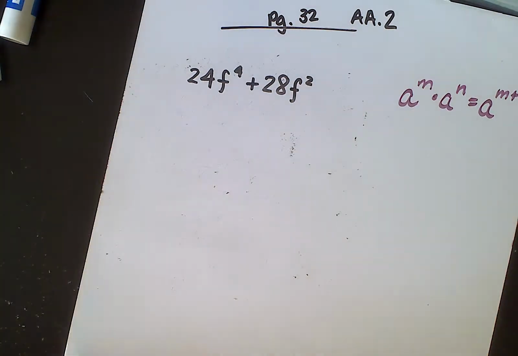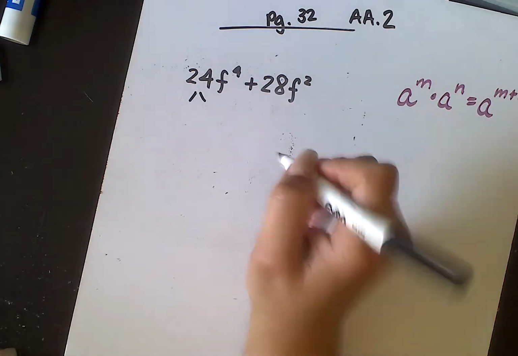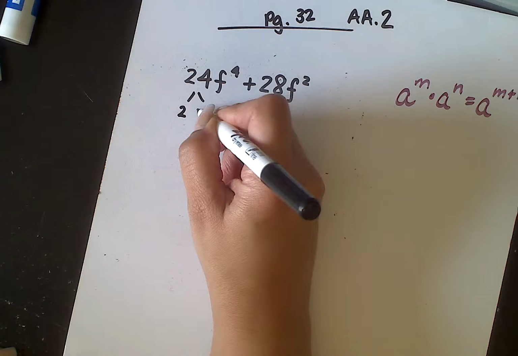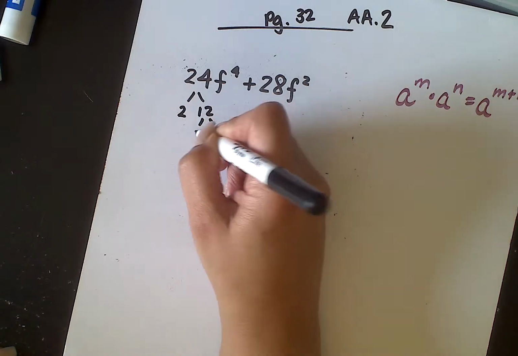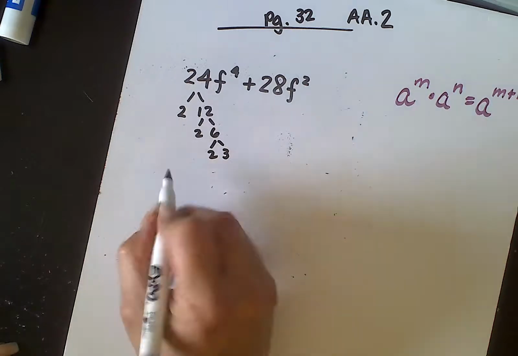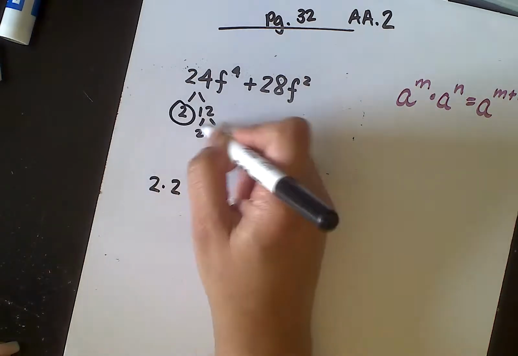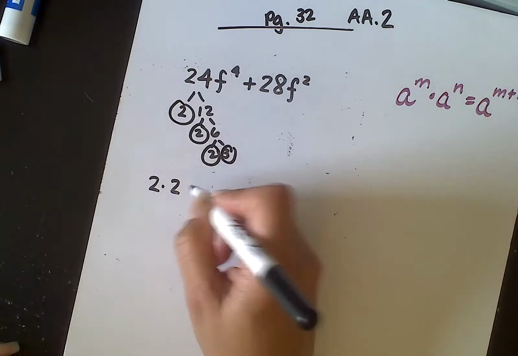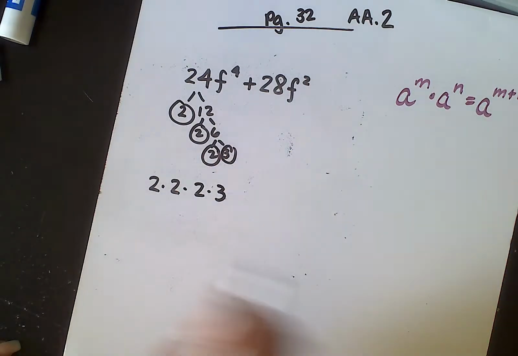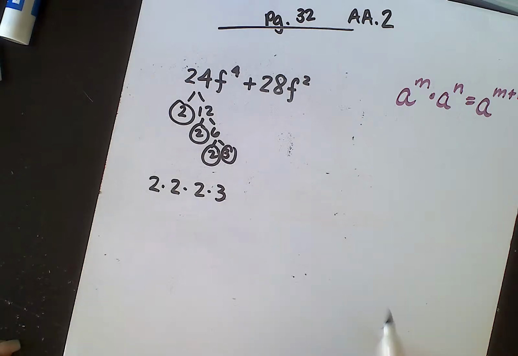All right, now 24 I'm definitely going to have to break down. We could probably do 2 times 12, 2 times 6, 2 times 3. So that would mean 2 times 2 times 2 times 3. So that's 4 times 6 is 24.